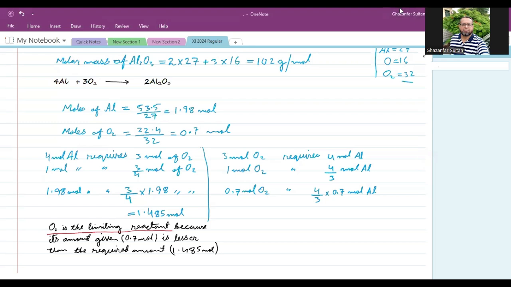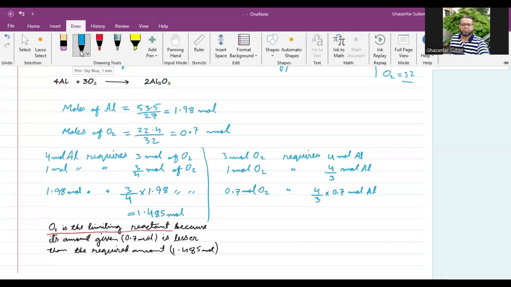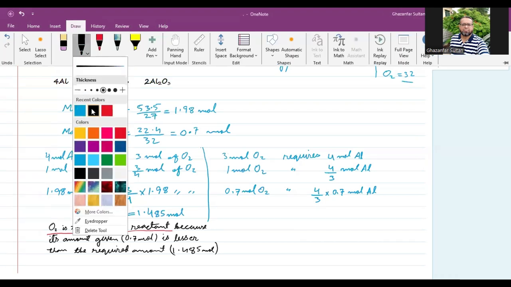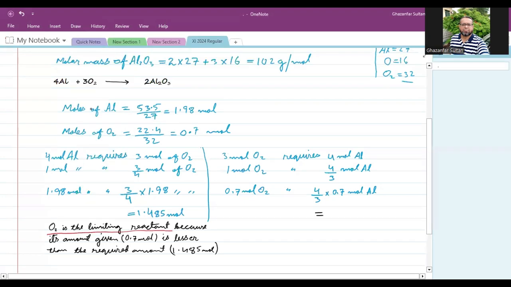From this calculation, you can see its amount is 0.933 mole. And how much aluminum is given? It is 1.98, and we require only 0.933. So it means aluminum is in excess.